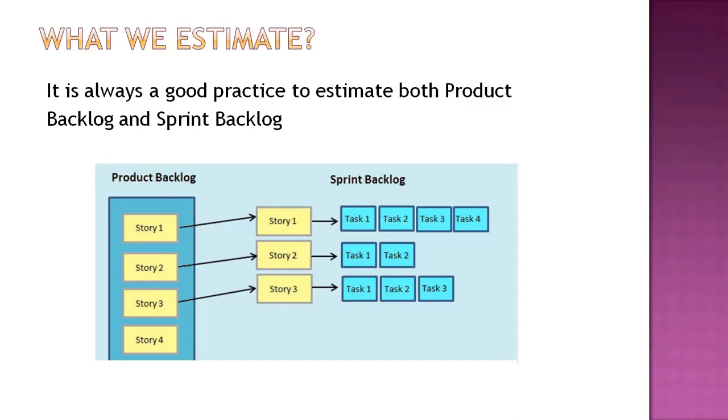Why it is important is that this product backlog helps the product owner to plan and prioritize things, and foresee and forecast the estimate of the complete project. When I say complete project, what does that mean? If you have too many items and you are only partially estimating, not estimating many of the stories, that means your product owner is in trouble.